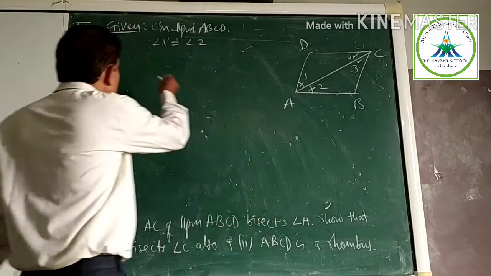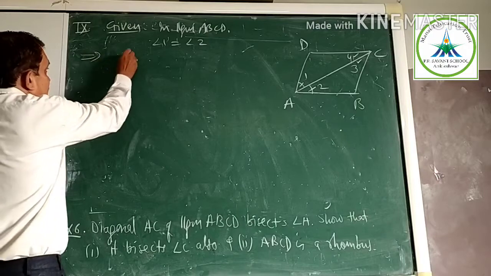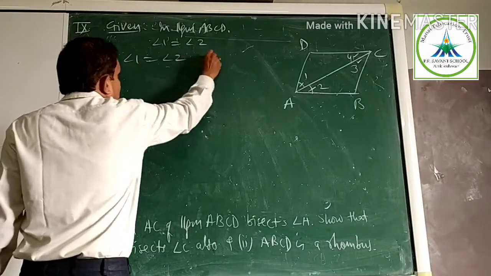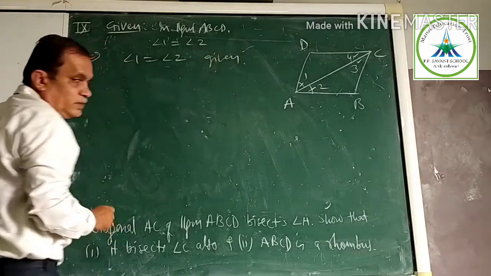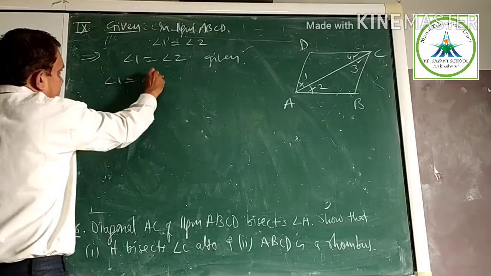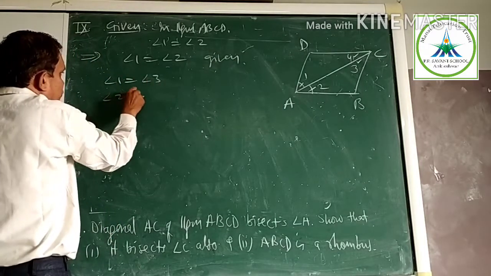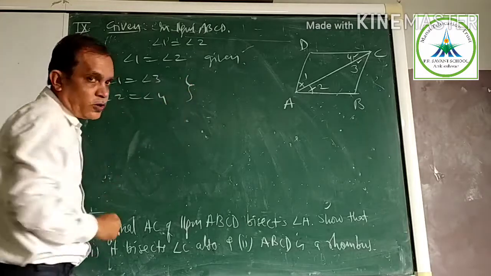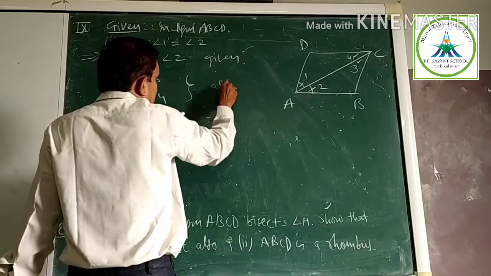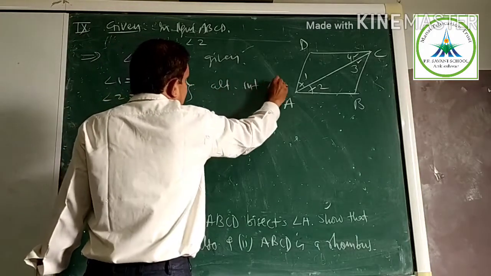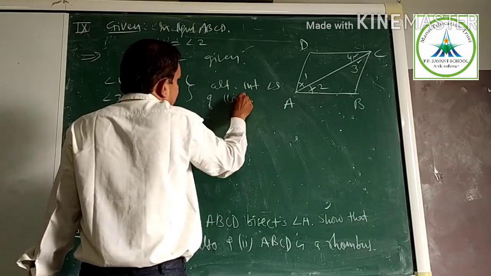Now see, I am writing. Consider angle 1 equal to angle 2, given. Angle 1 equal to angle 3, angle 2 equal to angle 4. What is the support? Alternate interior angles of parallelogram.